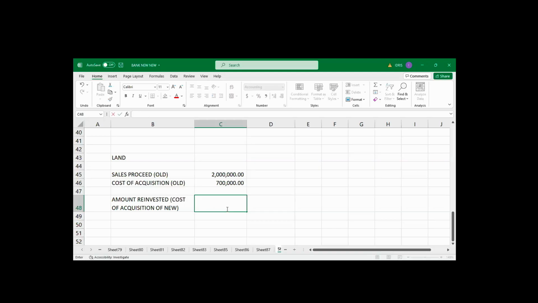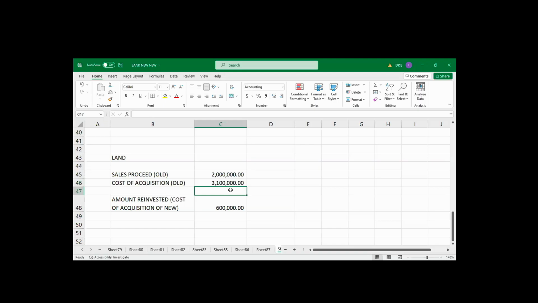So what if this is 600,000? That's nil rollover. What if this is 3 million, or 3.1 million?